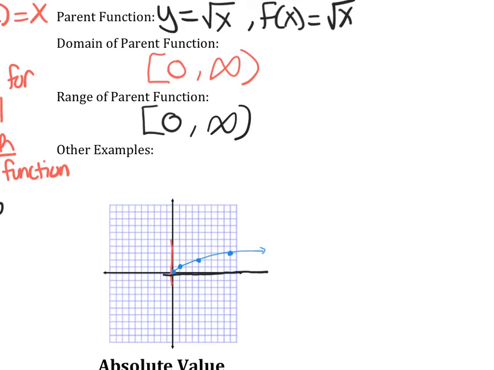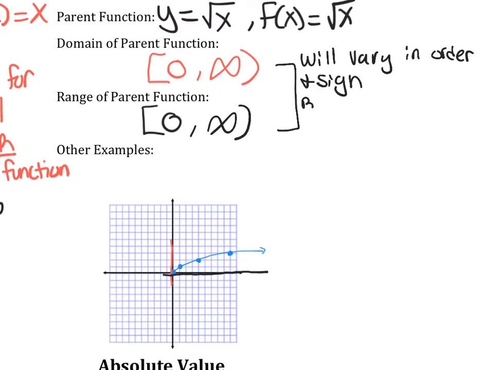Okay, so domain and range of square root functions. The numbers that go here and the order of the infinities and the stopping points will vary just based on how your square root is, which way it's facing. But in general, it will vary in order and sign, but you will always have one actual number because it has that one stopping point.